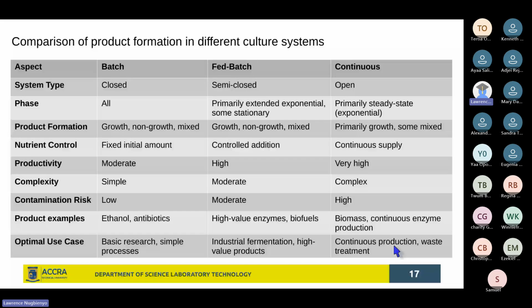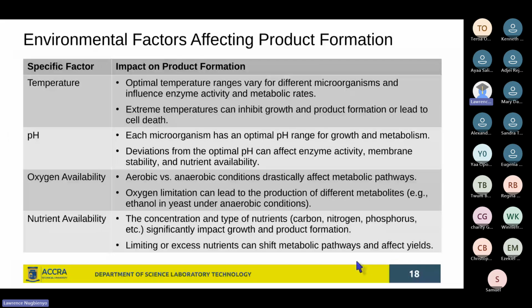Now, if you compare environmental factors, this time around you are looking at the same things we looked at with factors that affect enzyme activity. Have you seen? These same factors are coming here: temperature. And these are the factors which are controlled in bioreactors.